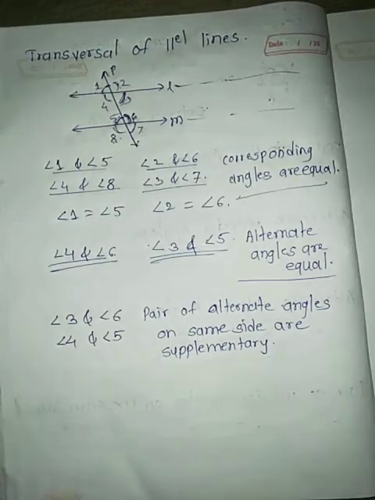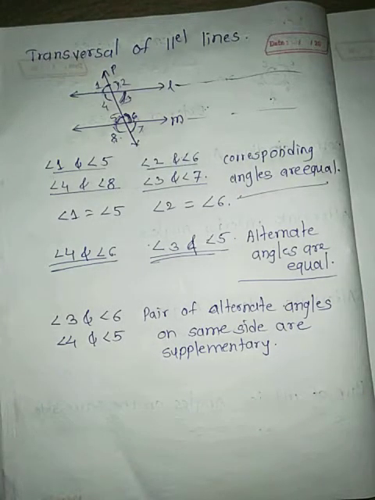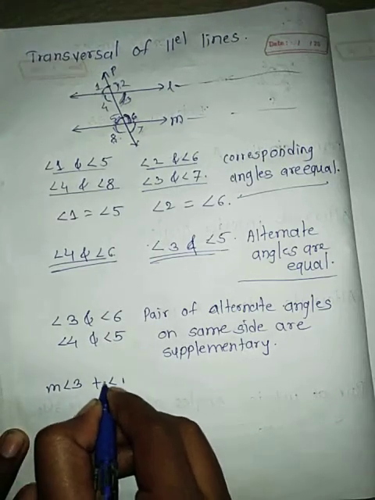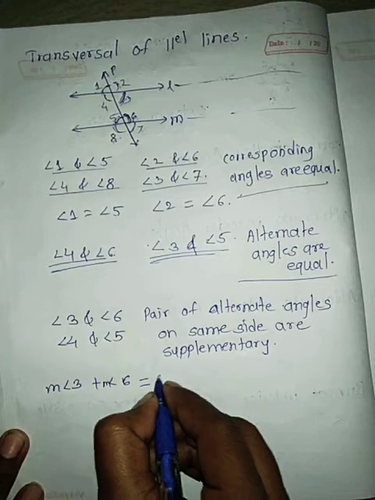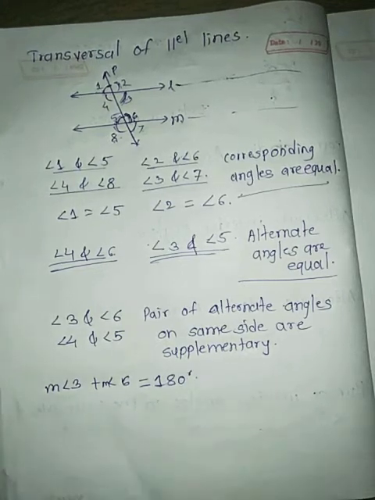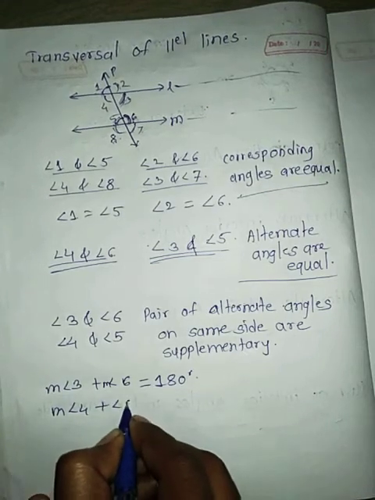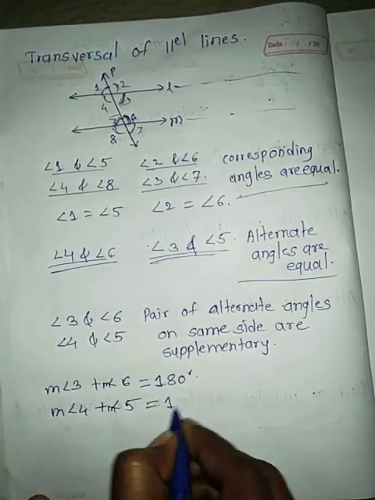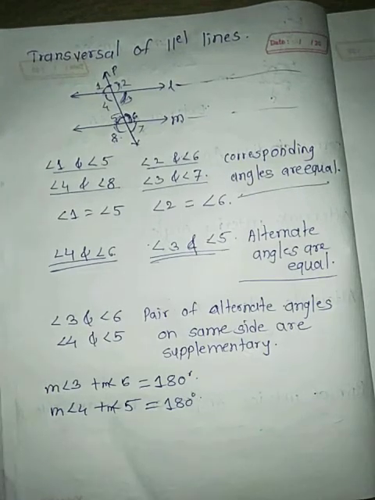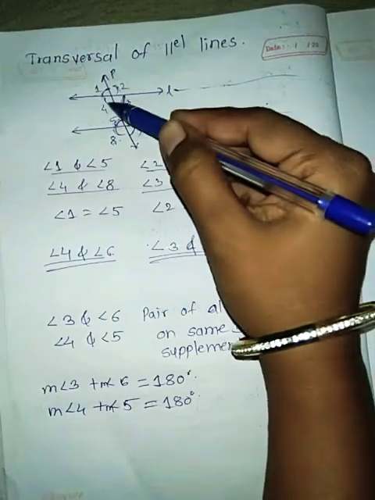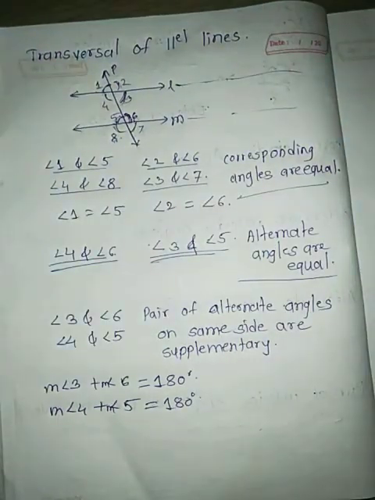Supplementary means the addition of the angles is 180 degrees. So the measure of angle 3 plus the measure of angle 6 is equal to 180 degrees, and the measure of angle 4 plus the measure of angle 5 is equal to 180 degrees, when the transversal of parallel lines is there.